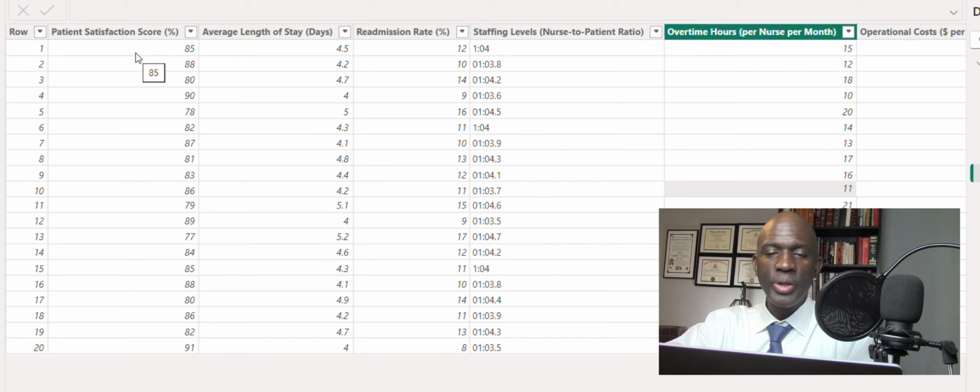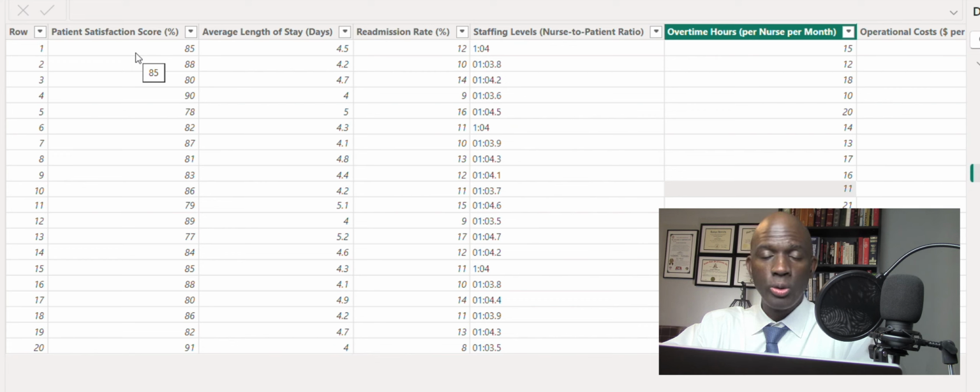Or we want to know the readmission rate percentage when the patient satisfaction score is 90 and above, and the average length of stay is 2.5 to 3.7. That's what we can do with business intelligence.